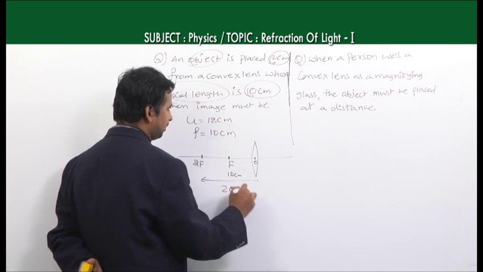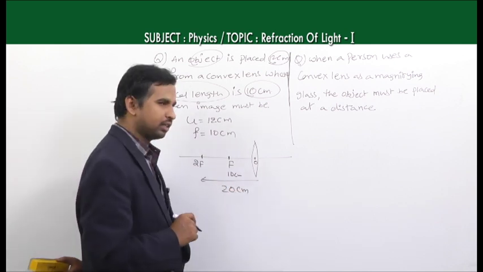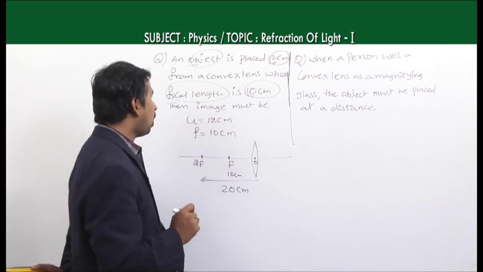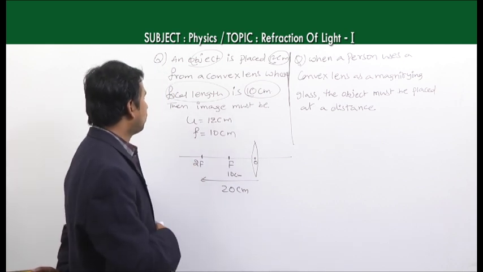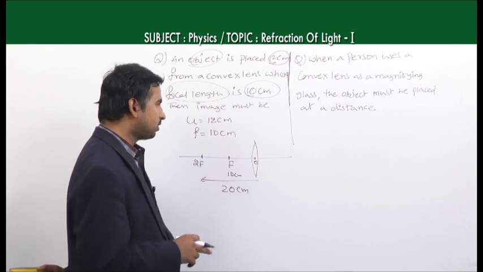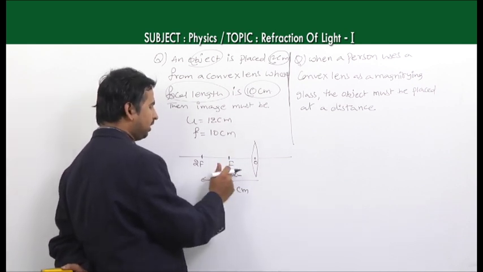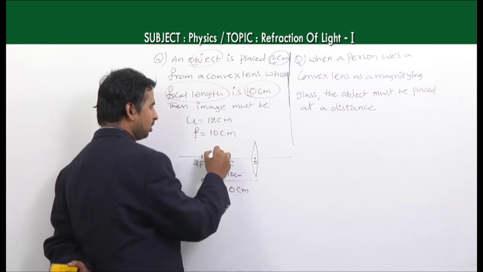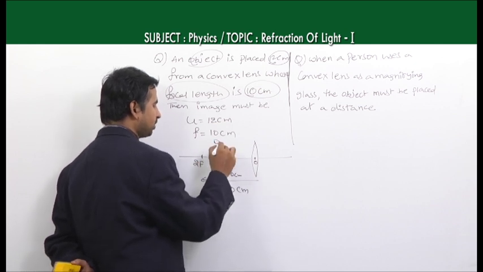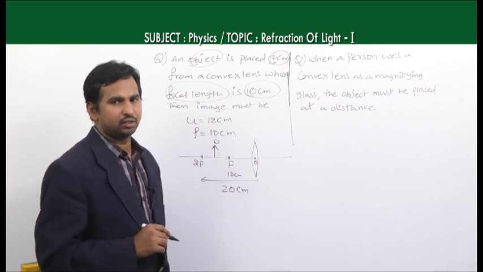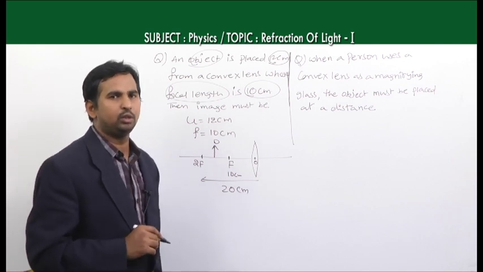Now, the object is placed at 12 centimeters, which means it is in between 10 and 20. So, the position of the object is in between f and c, or in between f and 2f.